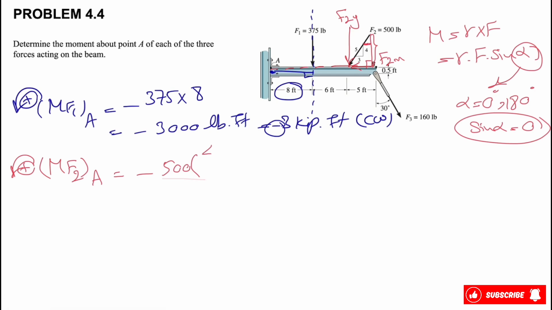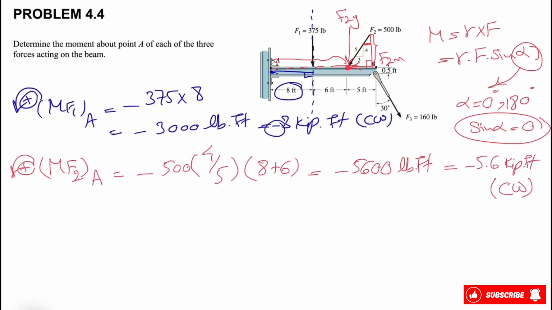So we have 4 over 5, and that would be the force. For the distance, we have the distance from here to here, which is 8 plus 6, which is 14. If we calculate this, we'll get minus 5,600 pound-foot. If we want to report it in kip, we'll have minus 5.6 kip, and the moment will be clockwise.